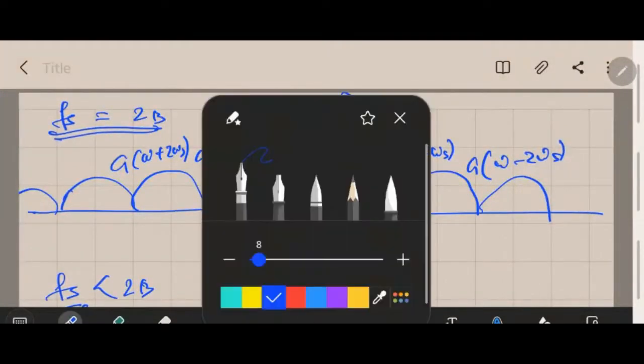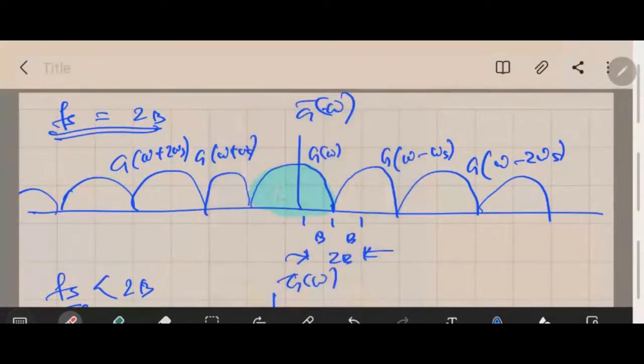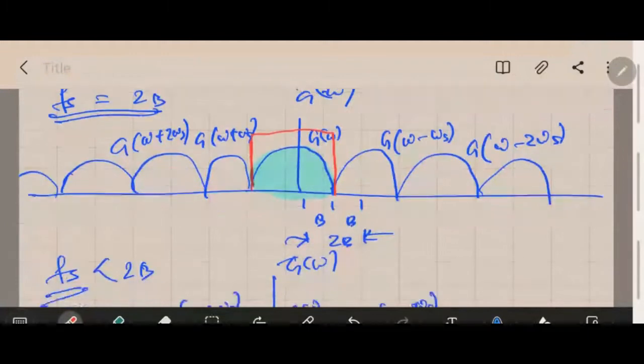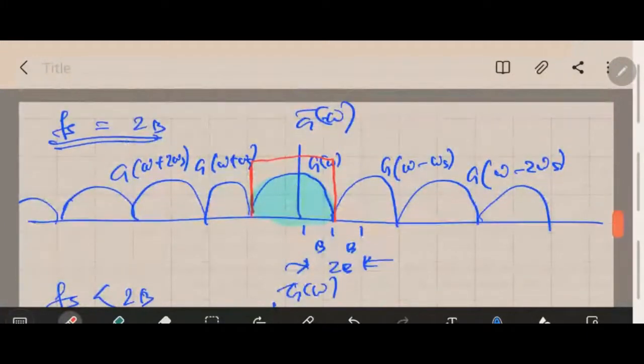If you use an ideal low pass filter with a frequency response like this, you will be able to recover it. Now just see the three cases. If fs is equal to 2b, you would need an ideal low pass filter.